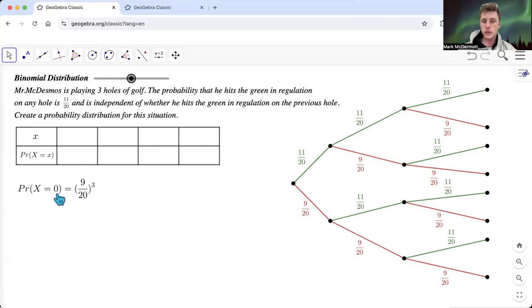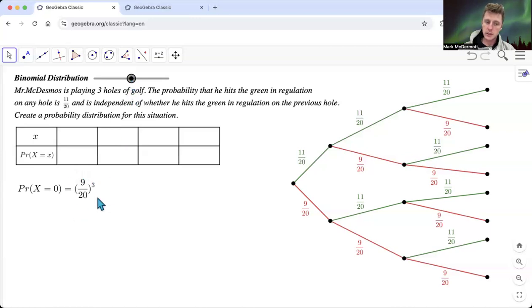So in all 3 holes that get played, all the greens are missed in regulation. We'd be down this side of the branch of our tree diagram. We'd miss, then miss again on the second hole, then miss again on the third hole. And so the probability that X equals 0, so we have no successes, is 9 on 20 multiplied by 9 on 20 multiplied by 9 on 20. A quicker way to say that is 9 on 20 cubed.